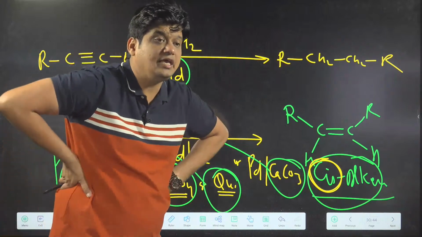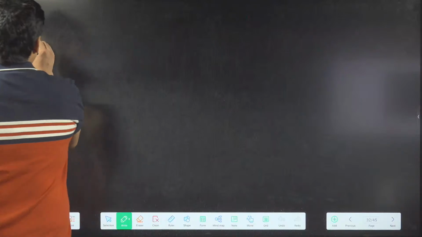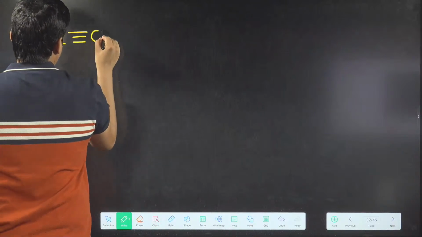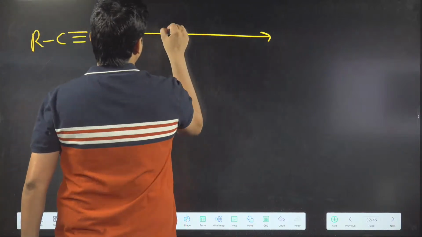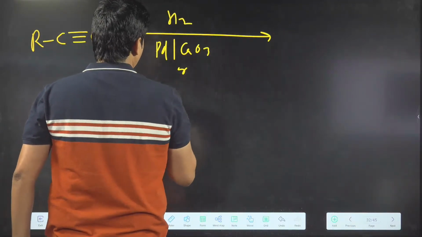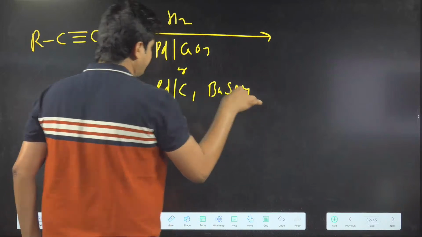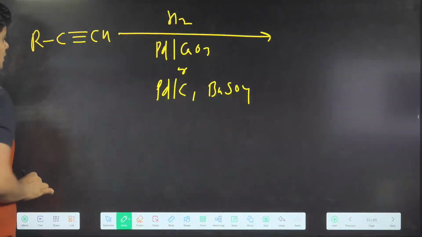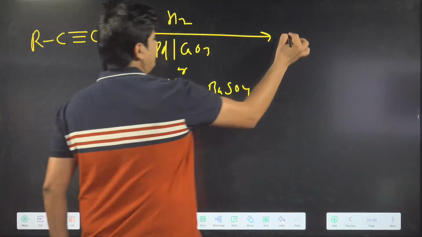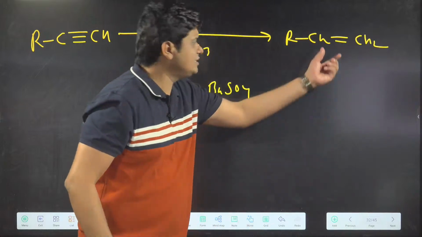Sir, why are you saying "if"? For example, this is given: RC triple bond CH, with condition H2, Pd/CaCO3 or H2, Pd-C poisoned by barium sulfate. In this case, alkene is formed: RCH double bond CH2. Can you say this is cis or trans?